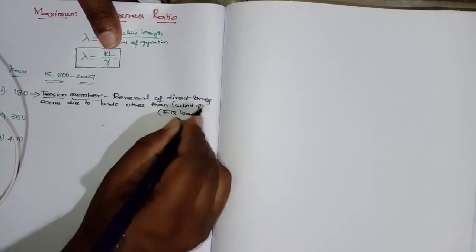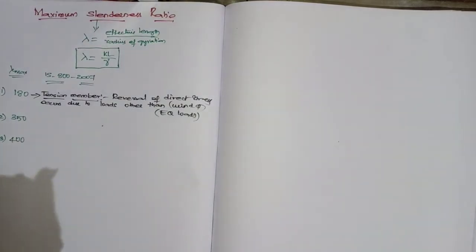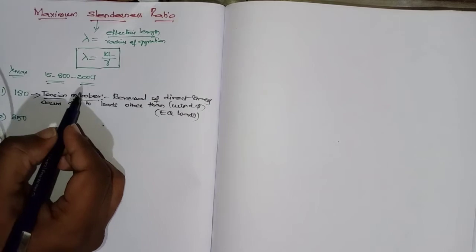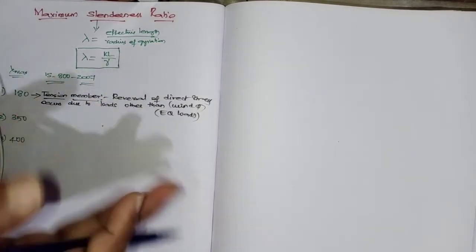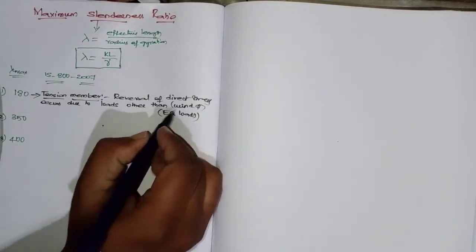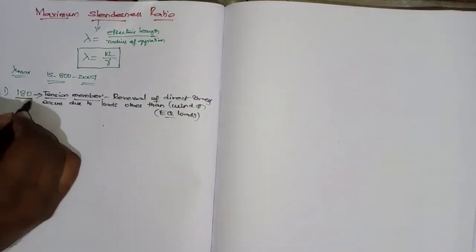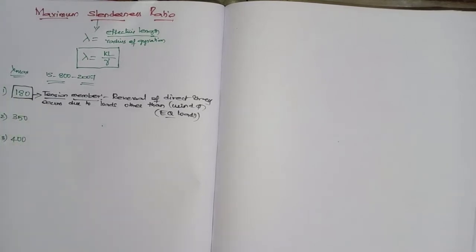For a tension member in which reversal of stresses has happened, but not because of wind and earthquake load, in that situation, the maximum slenderness ratio value will be 180.